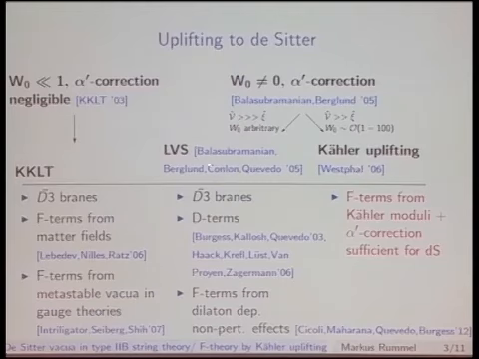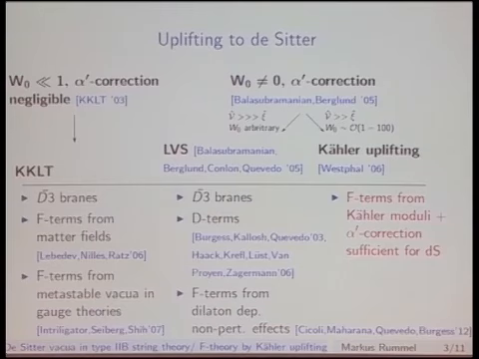And here you first end up in an anti-de Sitter vacuum, and then there's various ways to uplift. For example, anti-D3 branes, F terms from matter fields, F terms from gauge theories, and in the large volume scenario you can also use D terms, which are not available in KKLT because the F terms are 0, so D terms are also 0.